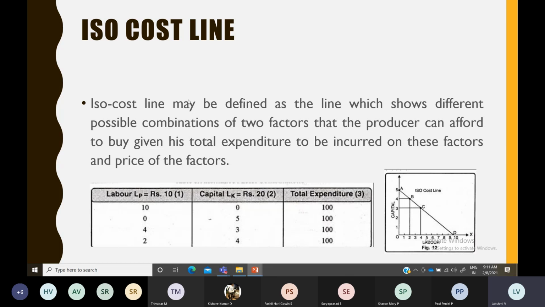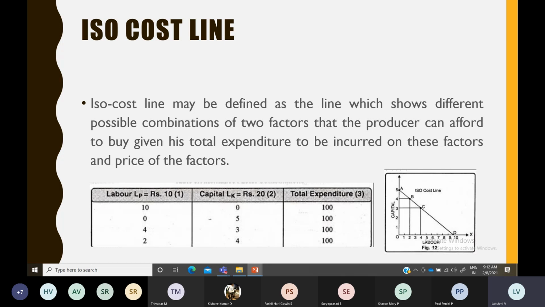So the cost line is also similar to that. Whatever might be the combination of factors, there you are going to consume two products. Here two factors you are using. So this is from the producer perspective we are thinking. Whatever we have seen so far, all those things are from the consumer perspective: two products consumed, income this much, you have to restrict yourself, you have to spend below that, all with respect to the consumer.